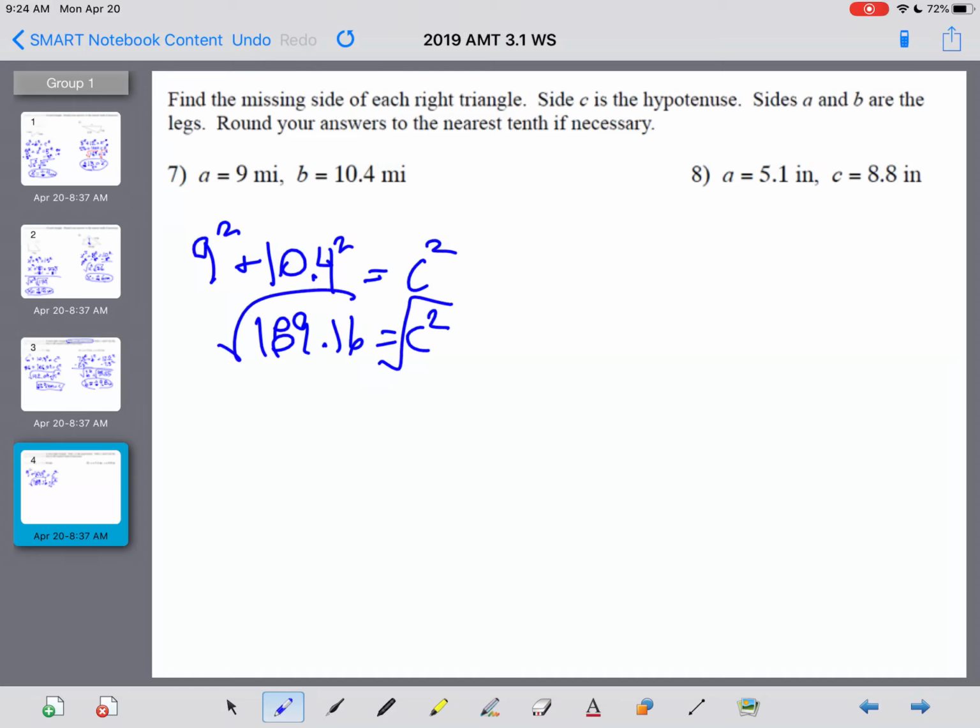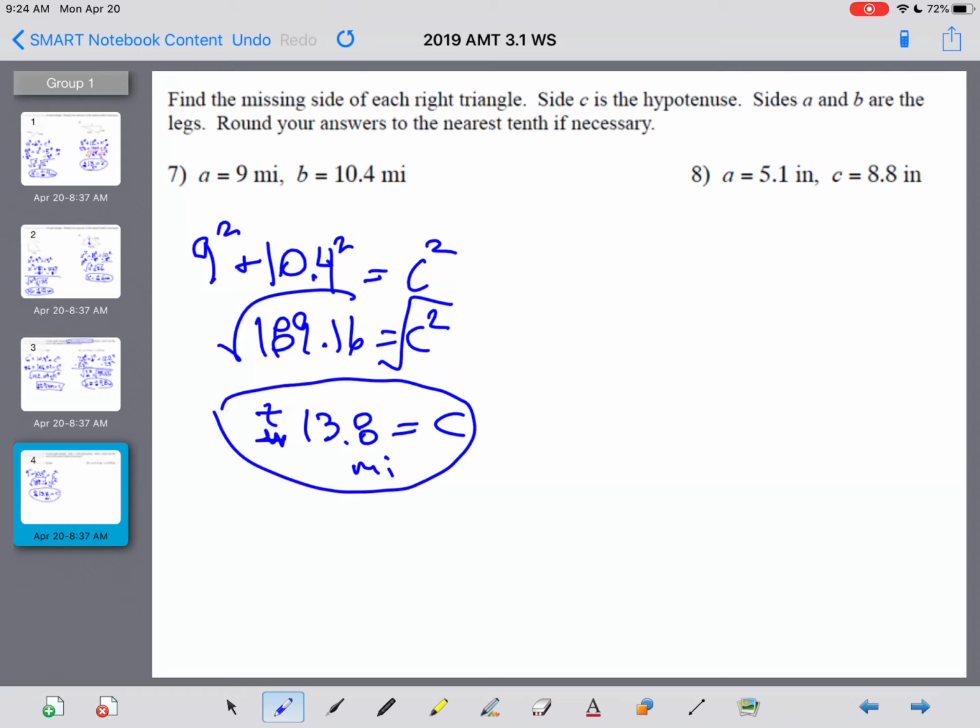Square root both sides. We get plus or minus 13.8 if I round it equals C. We're talking miles, and we don't need the negative. Last one here, 5.1 squared plus b squared is missing equals 8.8 squared.